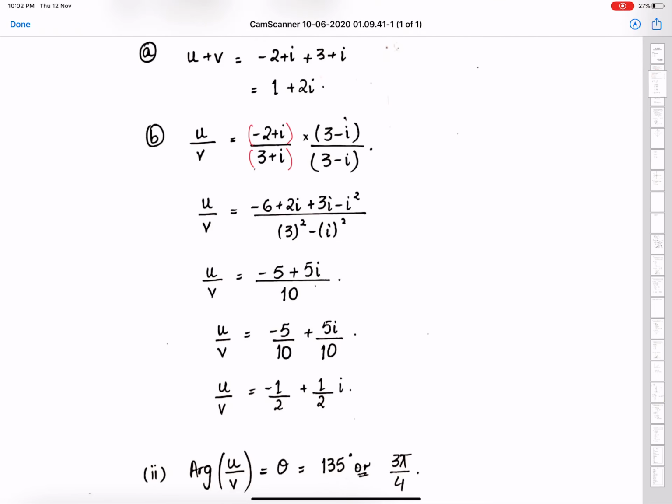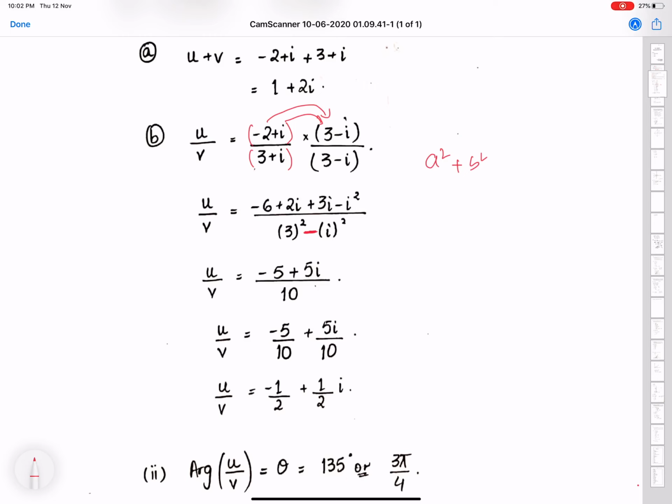So you know how to rationalize this. You just need to multiply minus 2 with this and then i with this. In the denominator you will get a square minus, in fact, b square. In complex numbers we get this formula, a square plus b square. Initially I wrote a square minus b square because most probably you are not used to this.